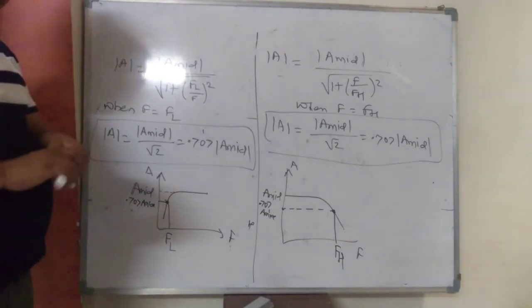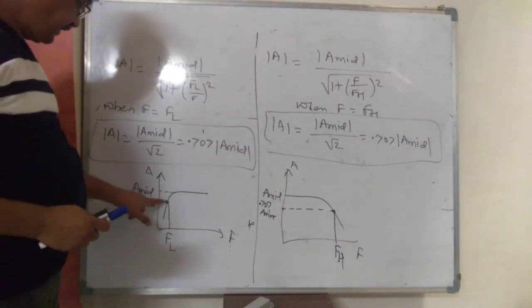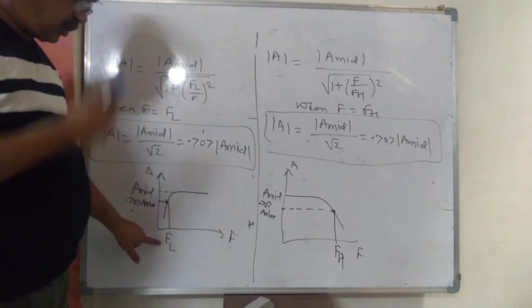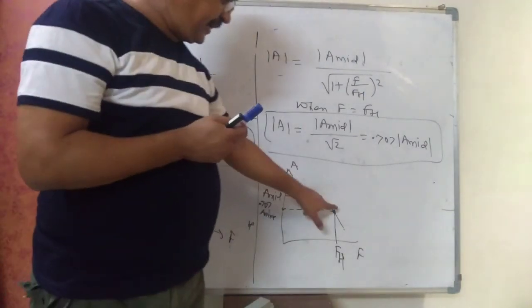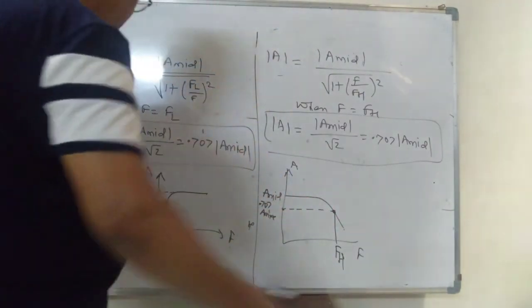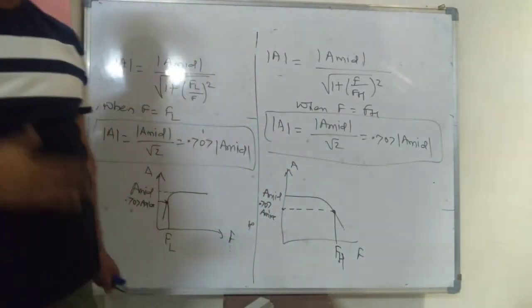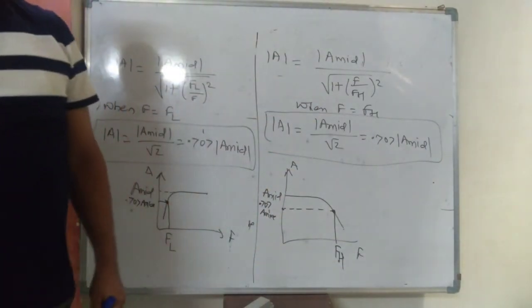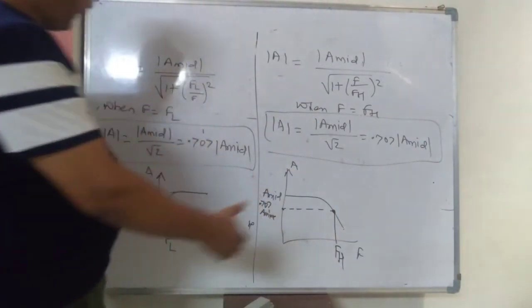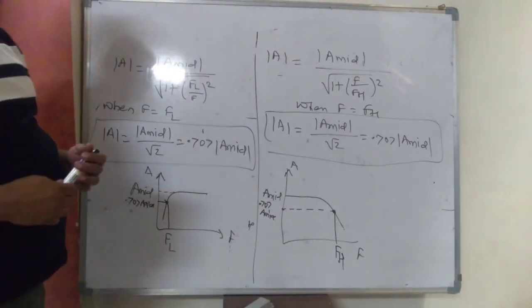So this gain is 70.7%. It will intersect the characteristics at the lower cutoff frequency FL. This will intersect the characteristics at the upper cutoff frequency FH, and these two combined is the combined response of an amplifier. If these two are combined, then it is the combined response of the amplifier.